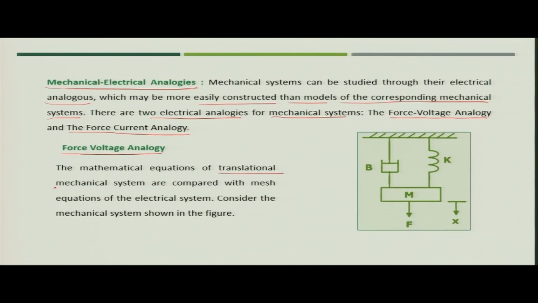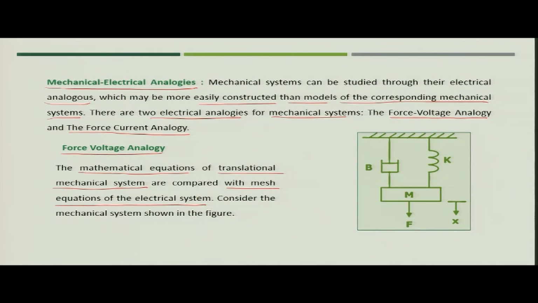Basically this is a translational mechanical system. So, we have to first write the mathematical equation. When you write it, you will compare it with the mesh equation of the electrical system and then you can establish the analogous quantities of the mechanical and the electrical system.